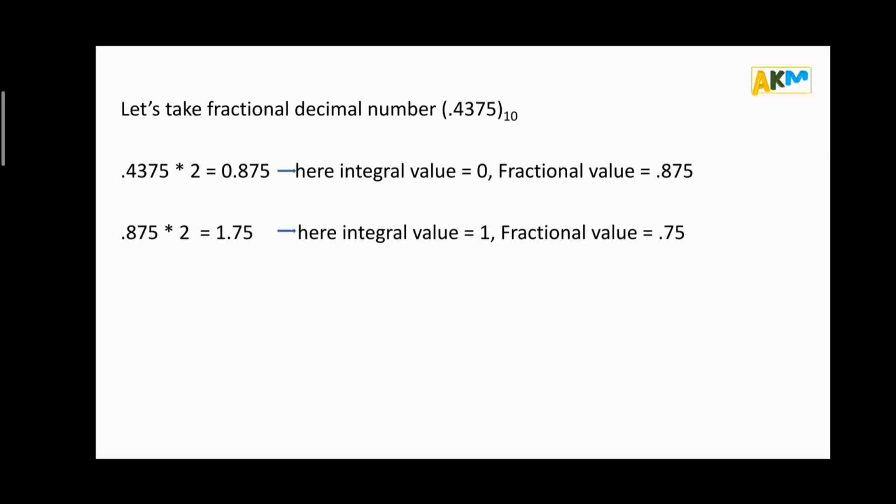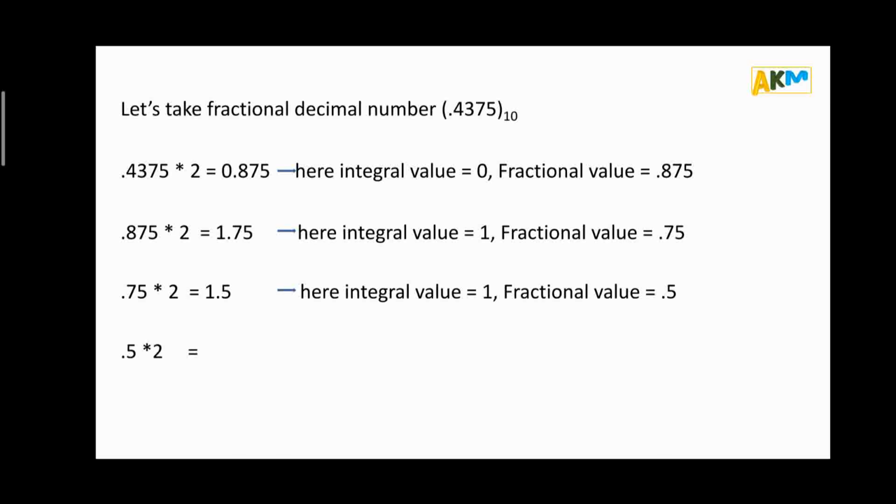Again take only the fractional part, 0.75, and multiply by 2. We get 1.5. Here again the integral value is 1 and the fractional value is 0.5. Again take 0.5 and multiply by 2. We get 1.0. Here the integral value is 1 and the fractional value is 0. We have reached the fractional value 0, so we will stop here.